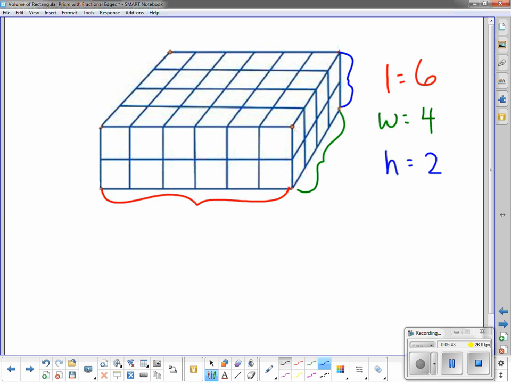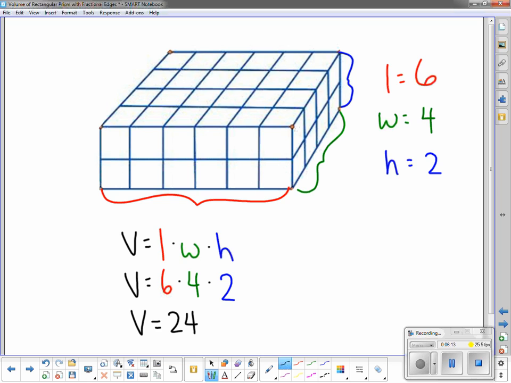So volume equals length times width times height. Volume equals 6 times 4 times 2. Multiply the 6 and the 4 to get 24.